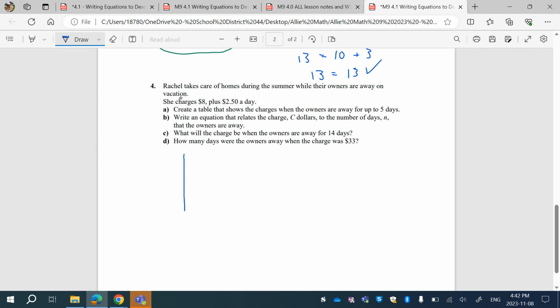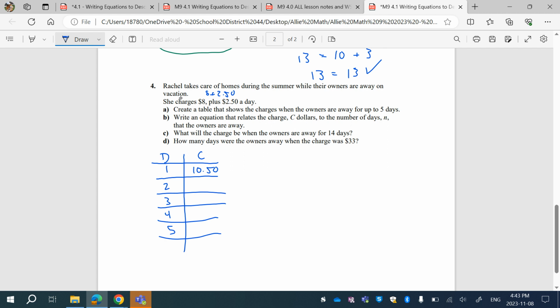So let's go C for charge and D for days. So we have 1, 2, 3, 4, 5 days. So for day 1, the charge is going to be 8 plus 2.50, so we have the 8 plus the 1 day. So that's going to be $10.50.